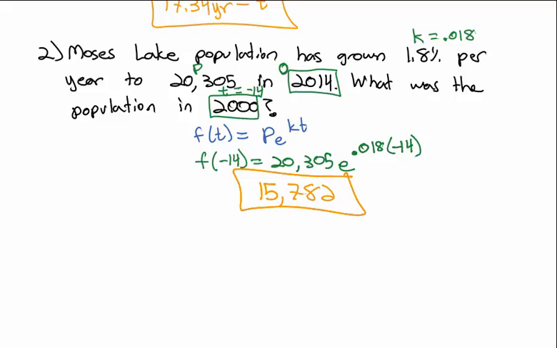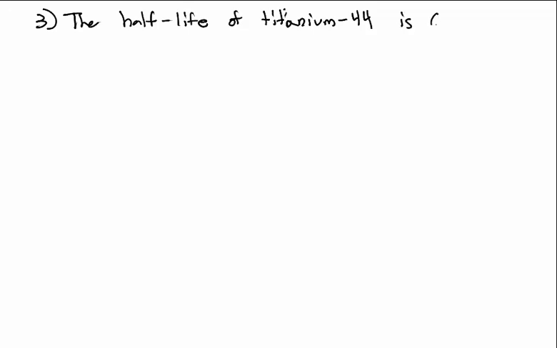Let's look at another application, one that gets used a lot for this exponential equation p e to the kt. And that is this concept of half-life. The half-life of titanium-44 is 63 years.